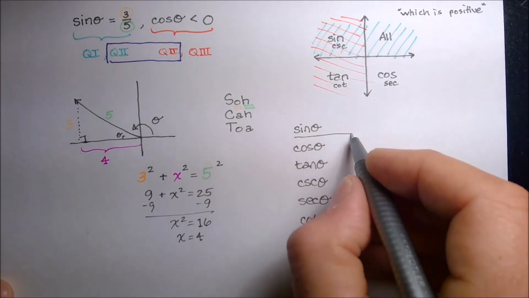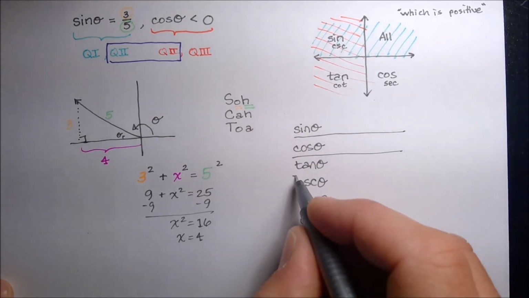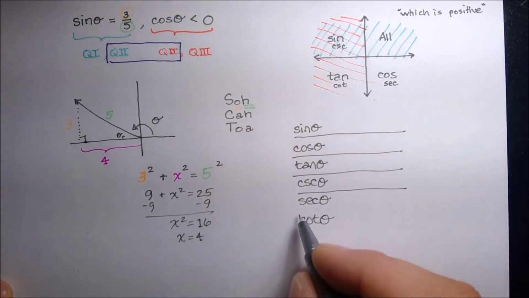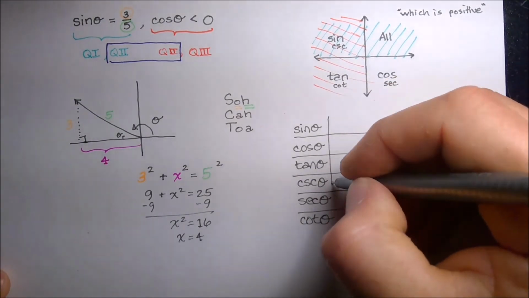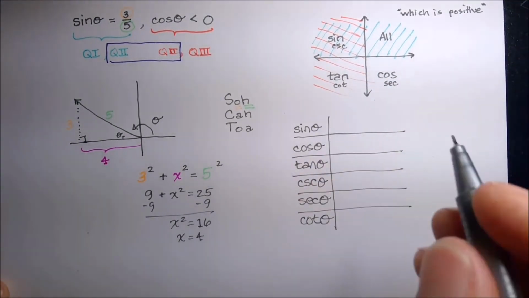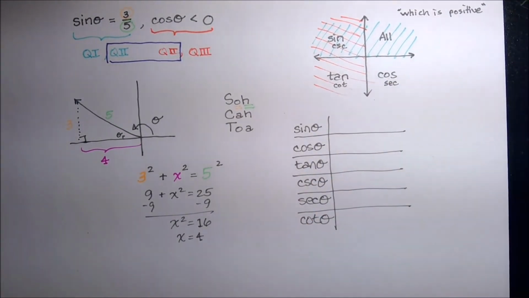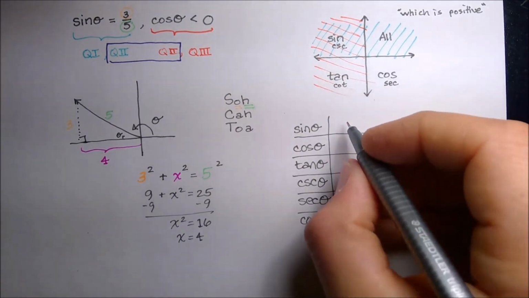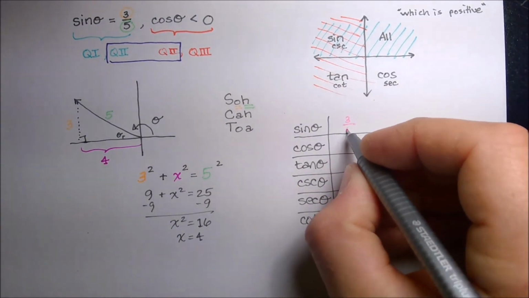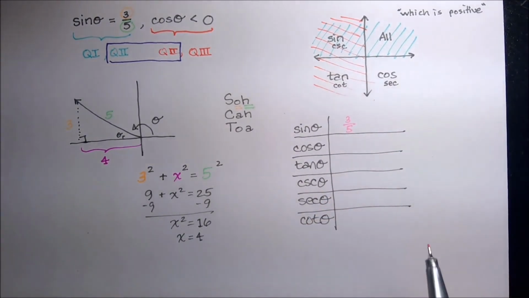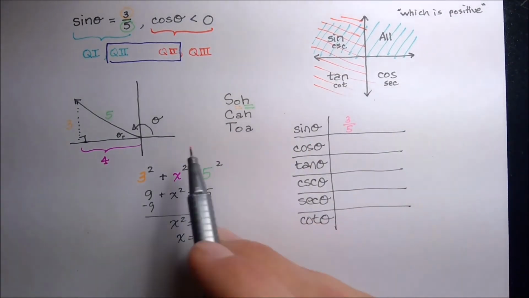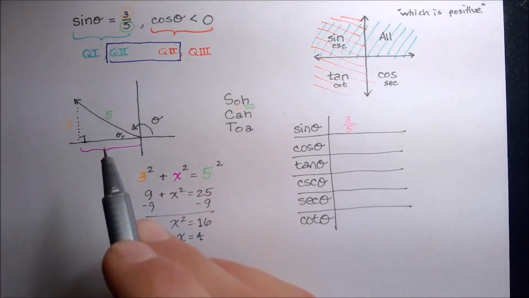The reason I'm listing them this way, I just find it to be a lot easier to just fill out a chart. We were given sine, so I'm just going to fill that in. Let's use a pink to show that these are answers, right, that we're coming up with. So it's 3/5.